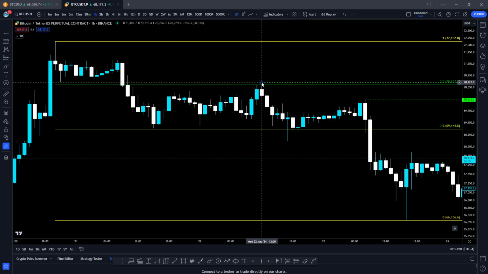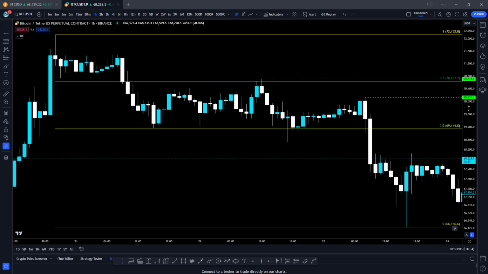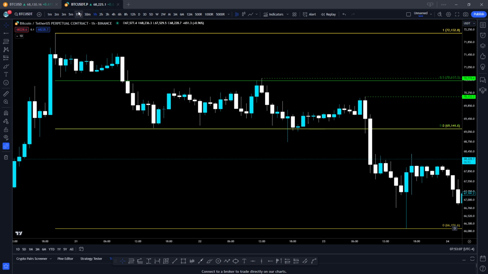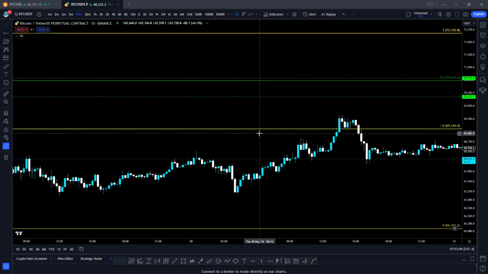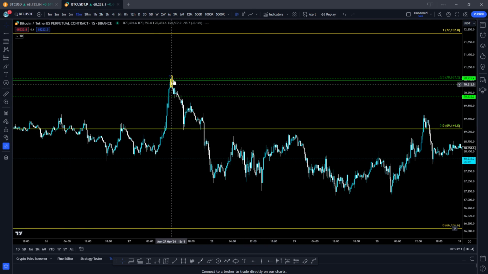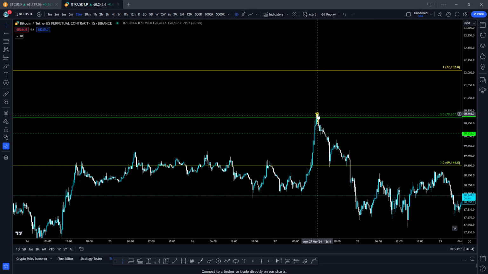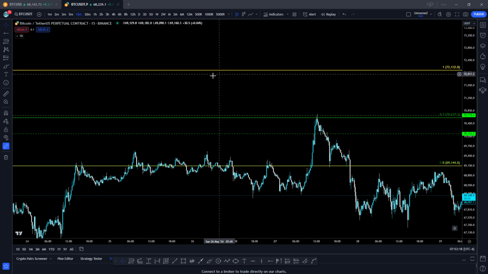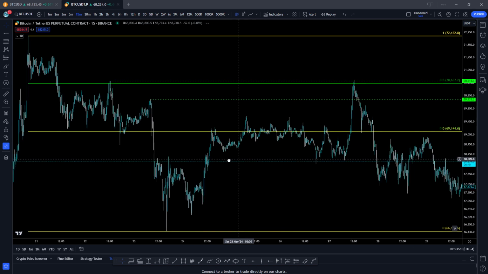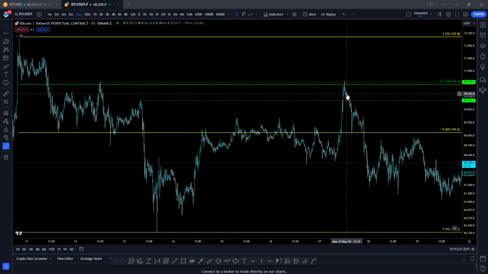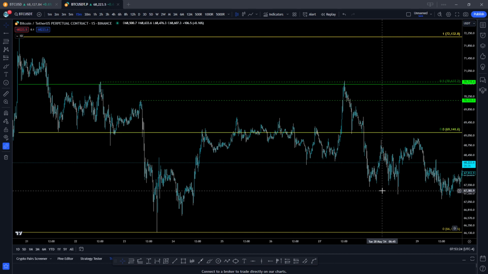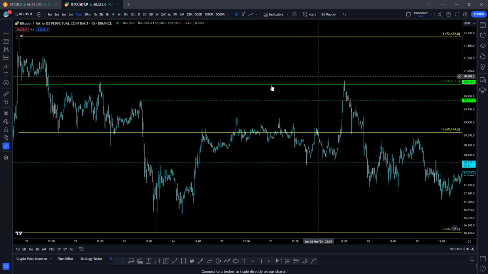But this right here is where that market structure shift occurs. Let's go down to the 15 minute. Right there. See the yellow box that I drew? That is where our market structure shift occurs, and then you can see we come down right after that.